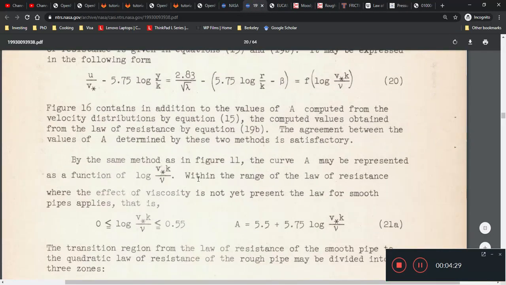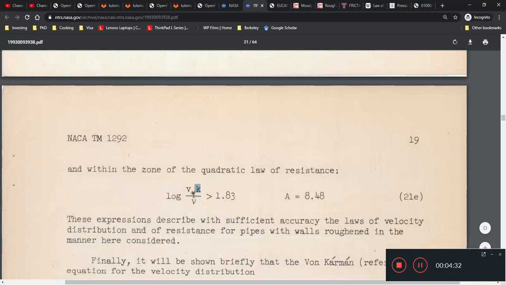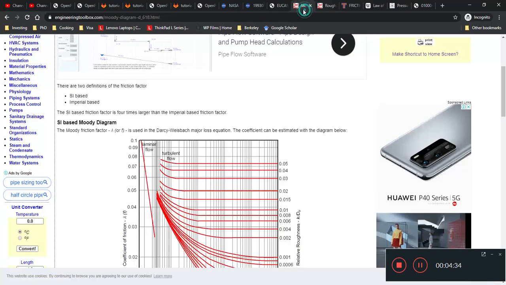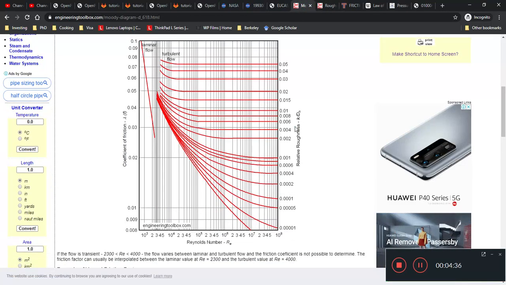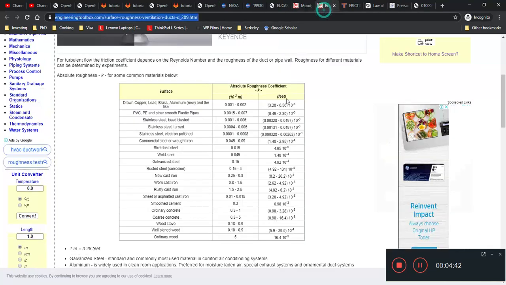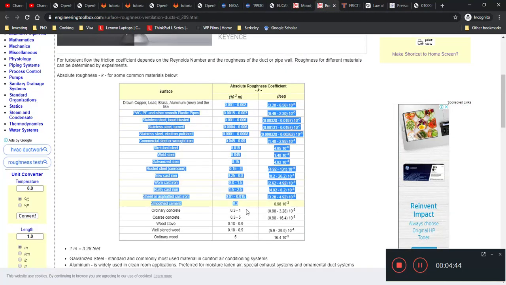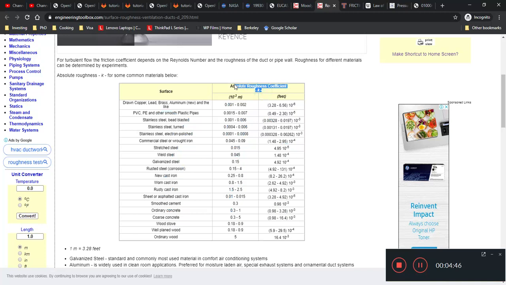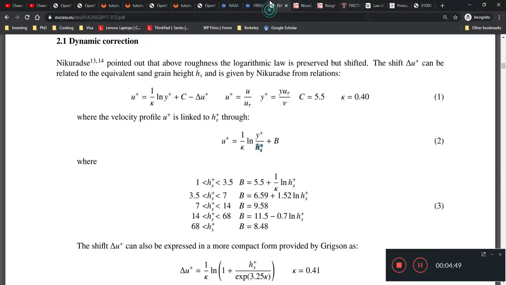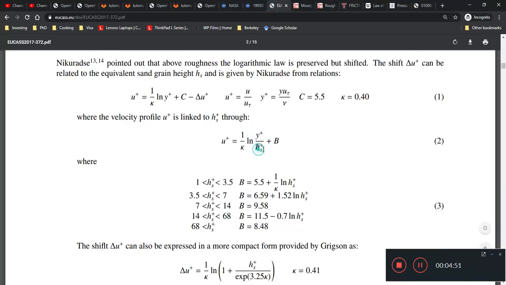So the question is whether this k over here is the same as this k over here in this relative roughness. If they are the same, that means we can use this absolute roughness coefficient k to substitute into our wall function right here, this hs plus, or this hs. We can substitute that into hs over here, and that will give us the relevant B function.